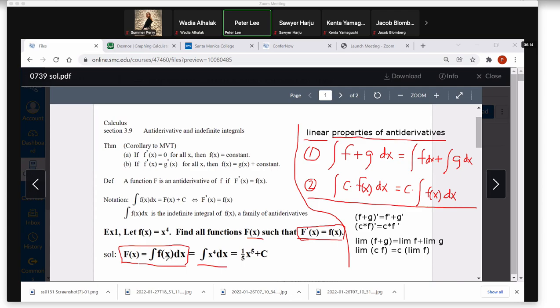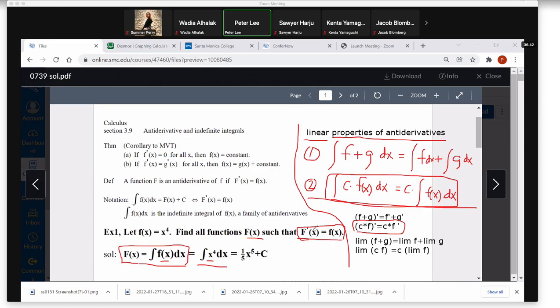Now, what is f of x? F of x is x to the 4th power. So what is the function whose derivative is x to the 4th power? That's x to the 5th power, but we adjust using the constant multiple property.